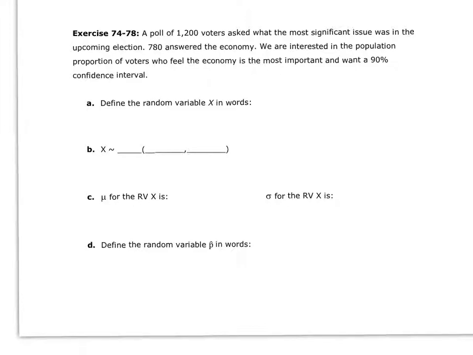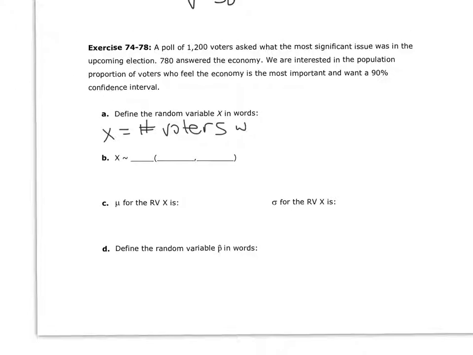Okay, so first thing, we want to find the random variable x. That is the number of voters that answered in the way that we are interested in looking at. So it's the number of voters who said economy.